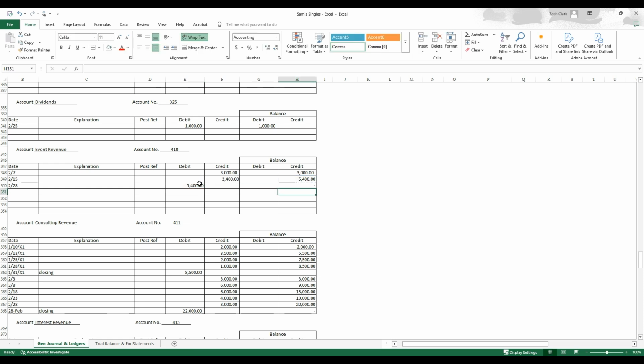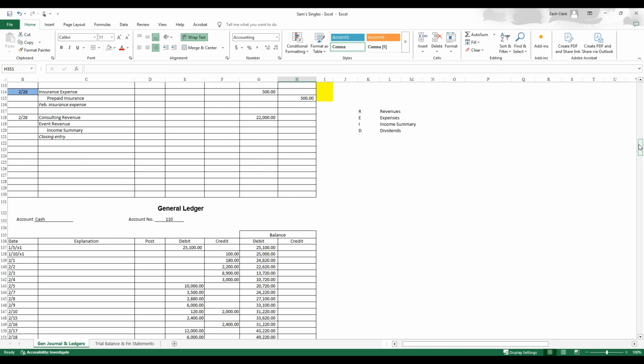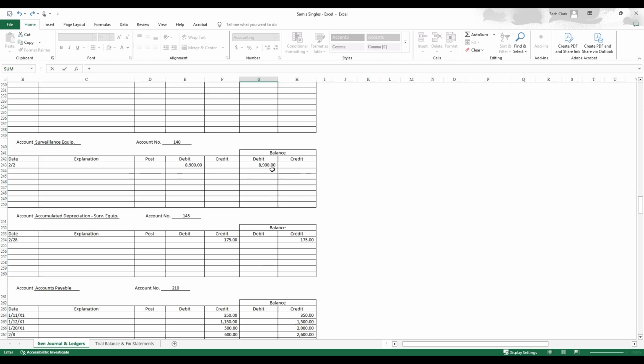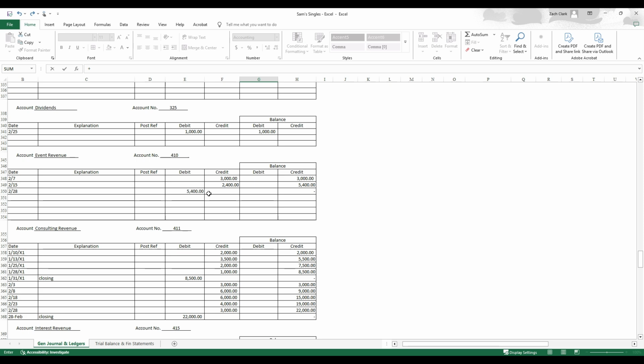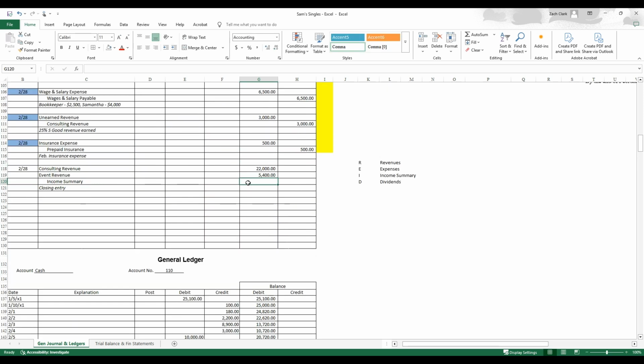That brings our event revenue to 0 as we want it. And we're going to record that in the entry here. Event revenue. And then the income summary is going to be credited for the amount there. So 27,400. Okay, cool. We're done with that one.